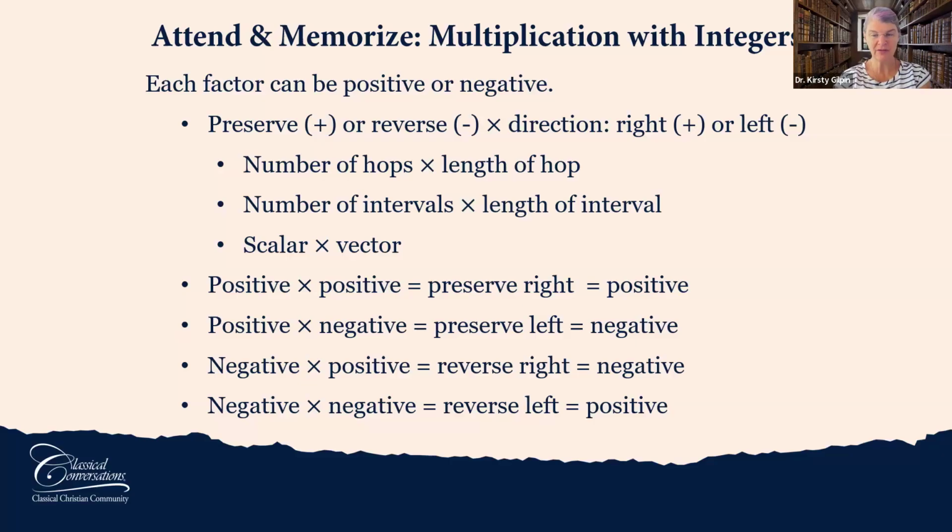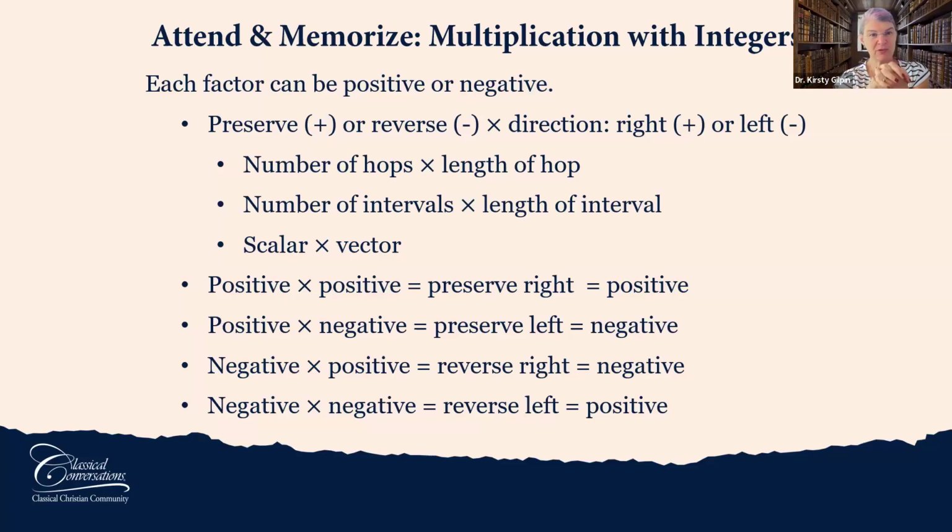So what do I end up with? Left, or negative, right? Then I have the negative times the positive. Now I'm going to reverse going to the right. So if I started at the right and I reverse it, I end up on the left, which is negative. And then the negative times the negative, if I started on the left and I reverse it, I'm going to end up on the right, which is positive.